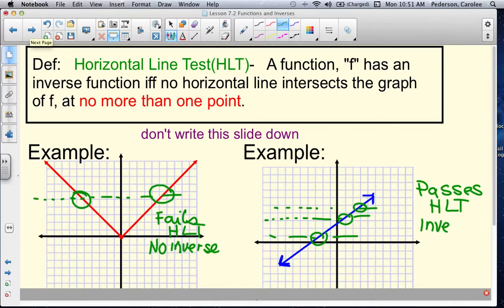An inverse does exist. So that's the difference between these two examples. The first one fails the horizontal line test because it touches more than once. And the blue one passes because it only touches once in any of those horizontal lines.